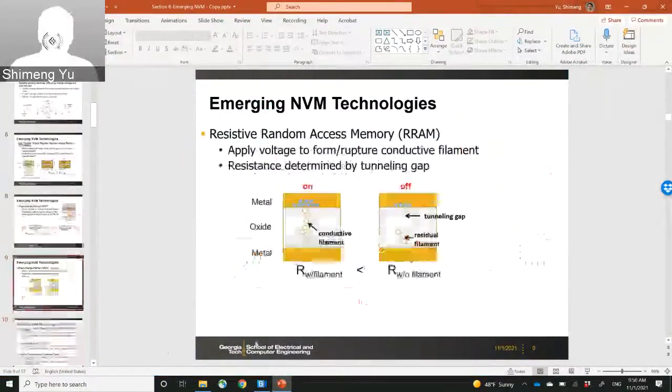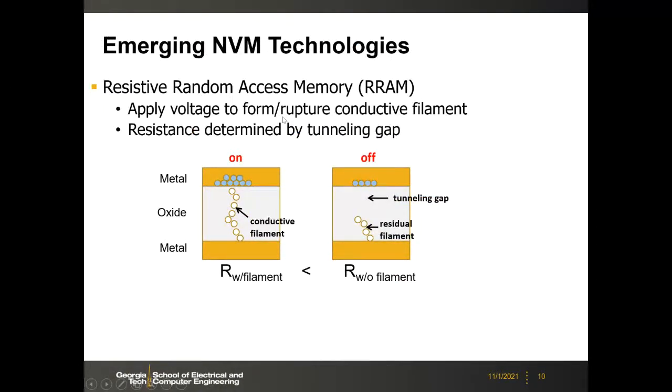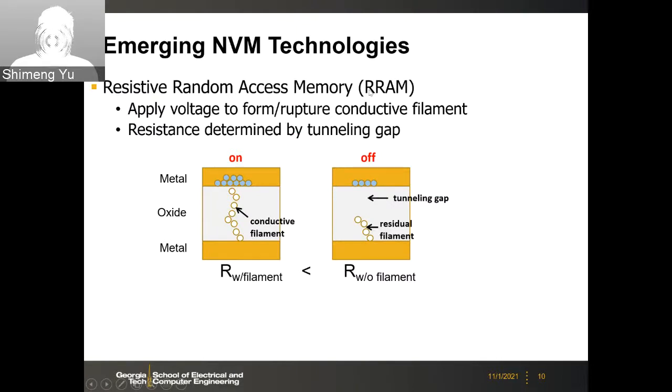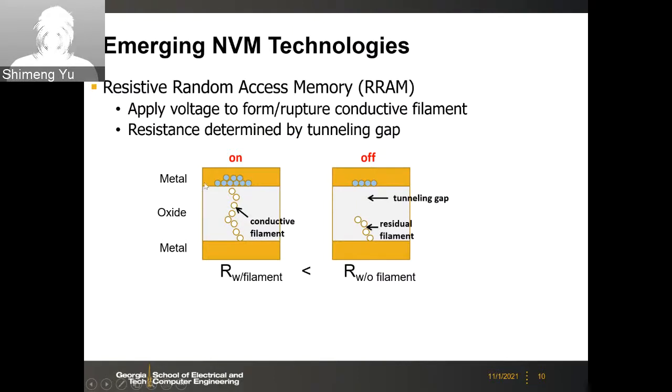All right, then the third candidate is called resistive random access memory, RRAM for short. This one also has a sandwiched structure. You have two electrodes made of metal, and between them an oxide layer. The oxide is nominally insulating, so you have a high resistance state.